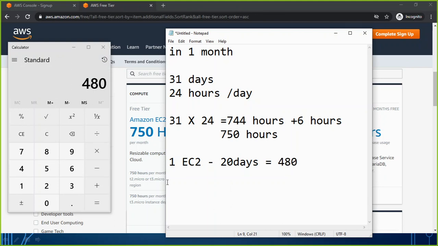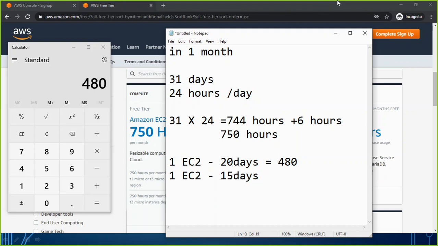And maybe I also have another EC2 instance, maybe this one was my Windows. This is another virtual machine I have running on EC2, which is maybe running my Linux operating system or any other, or maybe Windows itself. That one I kept running for maybe 15 days.